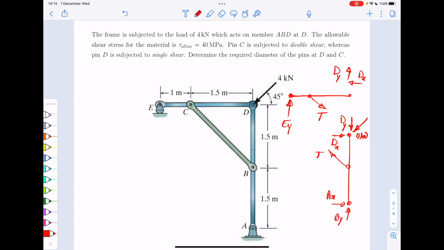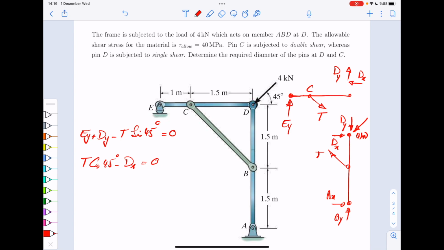Okay, so what you need to do is to write your equilibrium equations for each of these members. And for each of them, you can just write your equilibrium of forces or moments. So I'm going to write that. Let's say for the upper member here, ECD: EY plus dy minus T sine 45 degrees is 0. That's the vertical equilibrium. Then you have T cosine 45 degrees minus dx is 0.